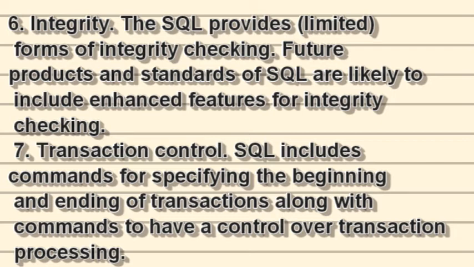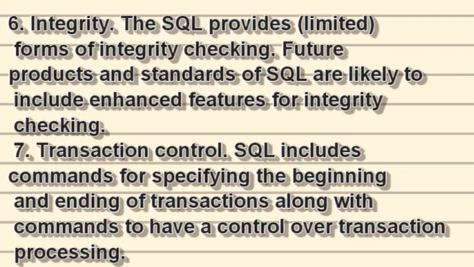Next is the transaction control. When I'm talking about transaction control, SQL includes commands for specifying the beginning and ending of transactions, along with commands to have control over that transaction. So basically SQL involves some commands which help us to perform transactions. Either it will commit or it will roll back. As you can see on the screen, this is basically the transaction management in SQL.